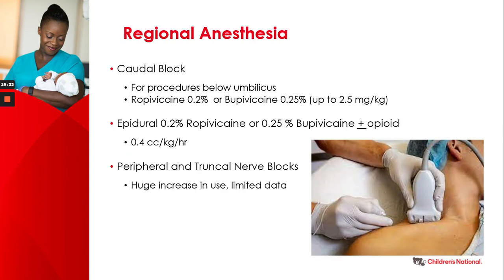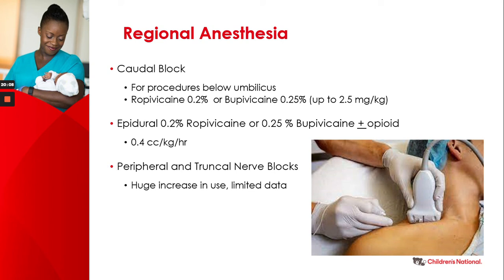Finally, regional anesthesia has really grown over the last several years, and it should be considered in all patients. A caudal block is a relatively simple procedure with very low complications, and it can be performed by an experienced provider. For procedures below the umbilicus, it can be performed in a few minutes, so it really doesn't delay surgical time, and it comes with minimal risk. Peripheral and truncal nerve blocks have really expanded because of the use of ultrasound to target these specific nerve groups or fascial planes.